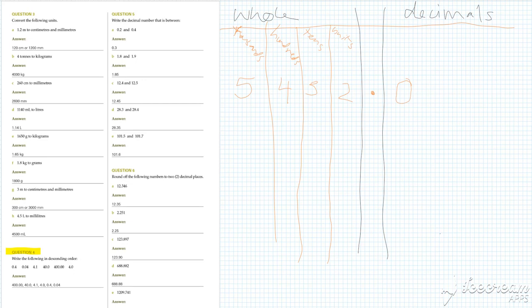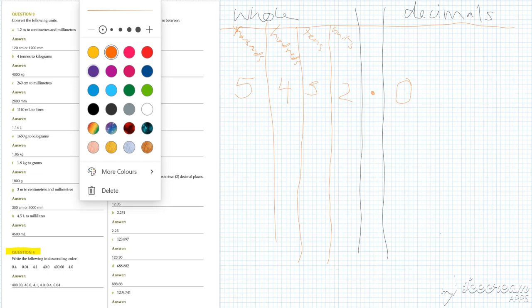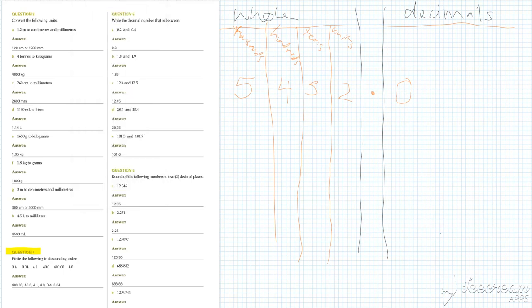Okay. So we have the same thing happening on the other side with our decimals, but it's a little bit different. Decimals are another way of writing fractions. So what that means is that the first column is called tenths. And what this literally means is that any number in this column is out of 10 pieces.